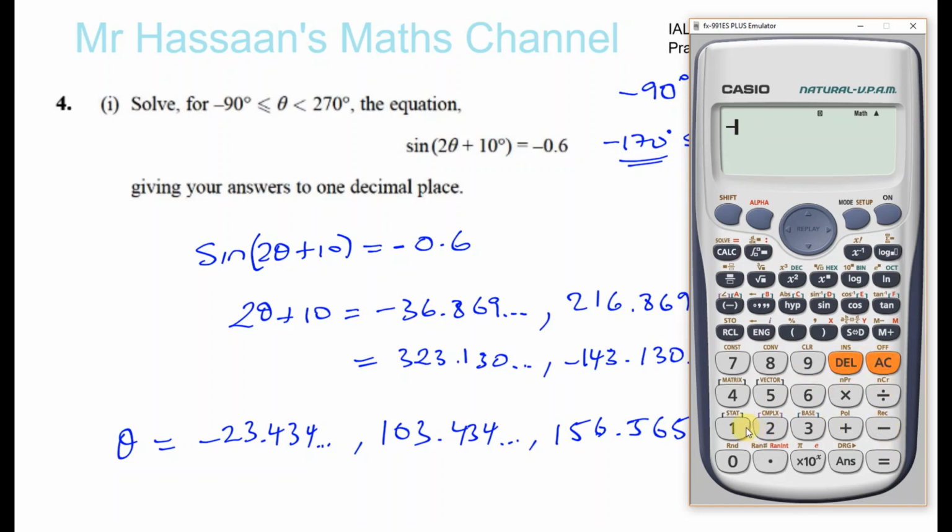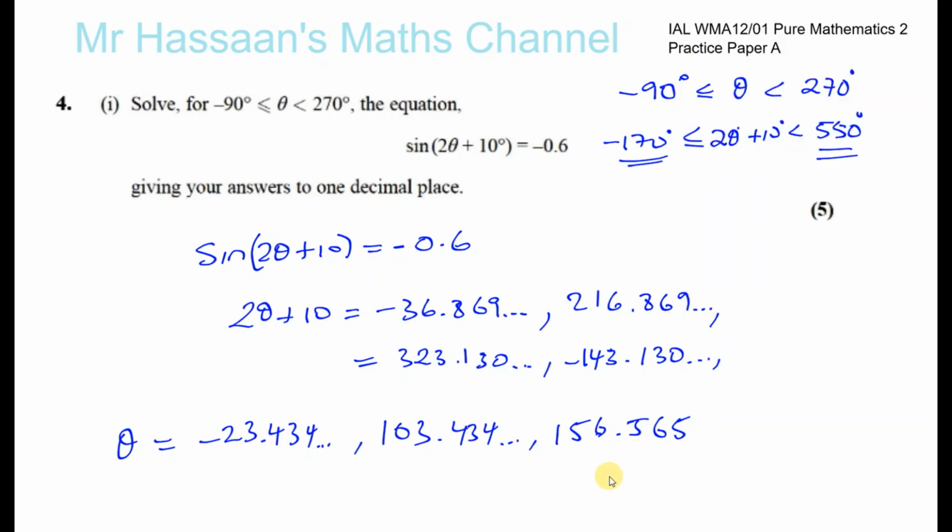I've got to take away 10 and then divide by 2. That gives me minus 76.565. And you can see all of these are within our original range from minus 90 up to 270. They're all within that range.